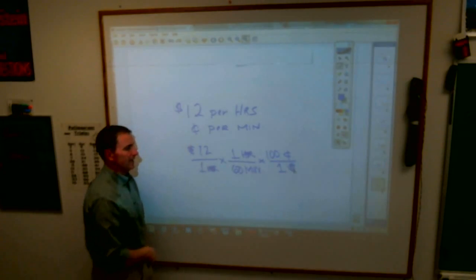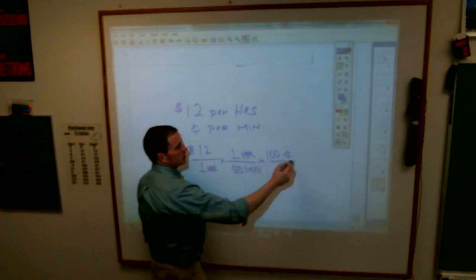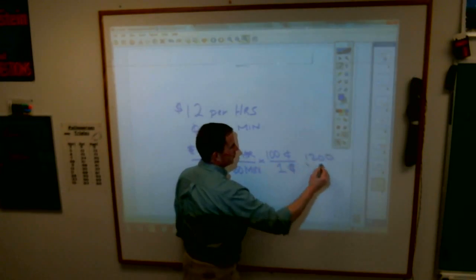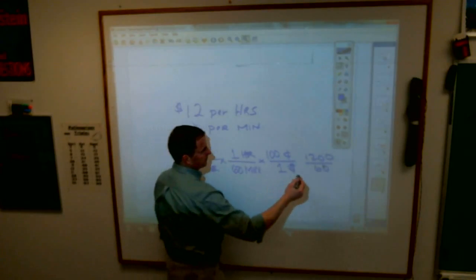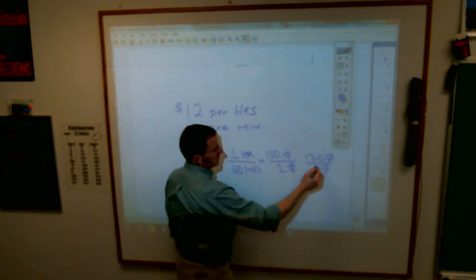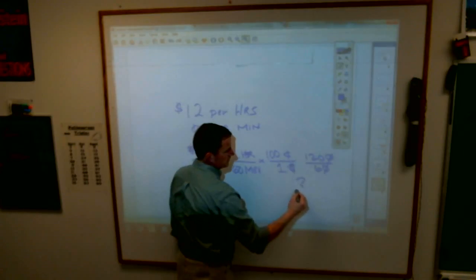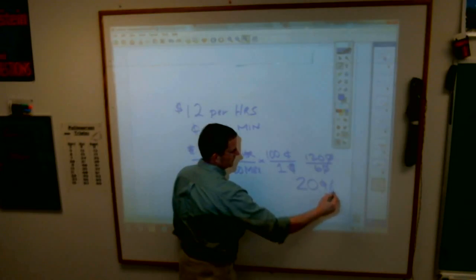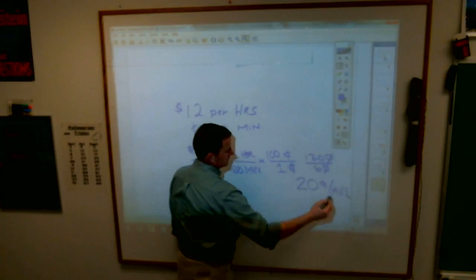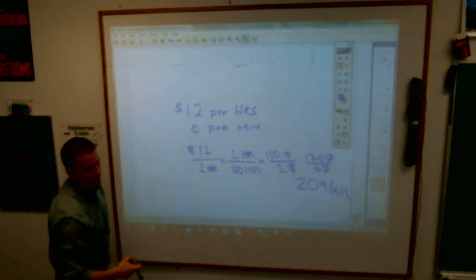You just need to do the math, which ends up being 1,200 on top over 60 on the bottom, and that's cents per minute. Just cross off the zeros. 60 goes into 120 twice, so it's 20 cents per minute. Is that what y'all got?